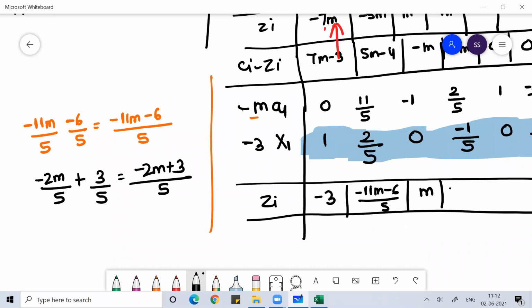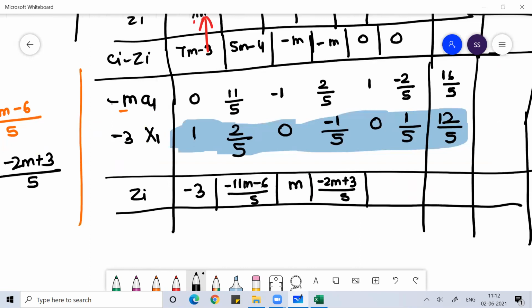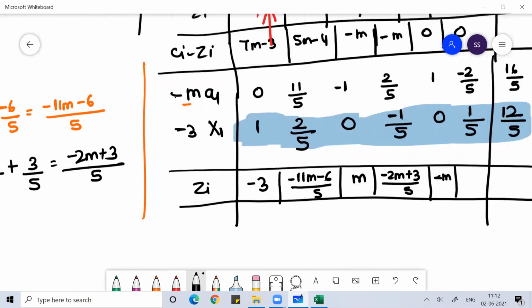Then this is minus M, this is 2M by 5, and this is minus 3 by 5. So 2M minus 3 by 5.